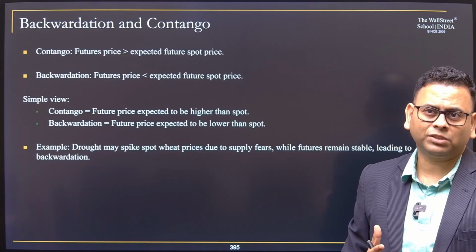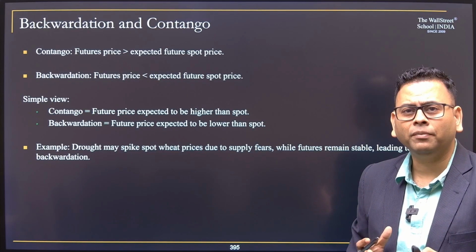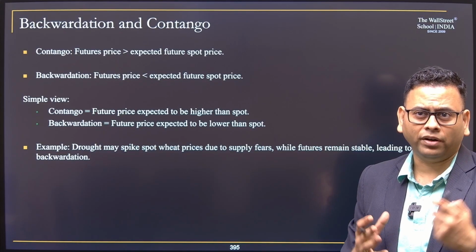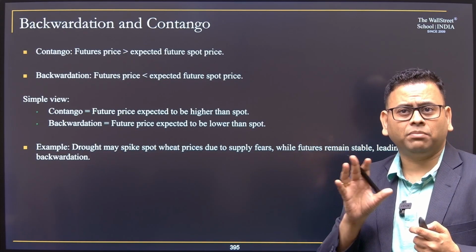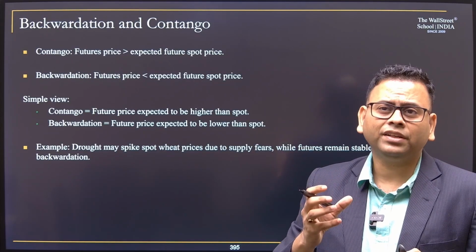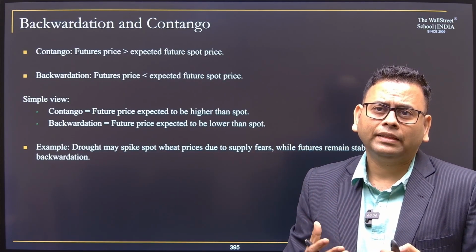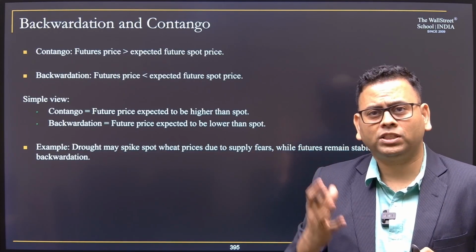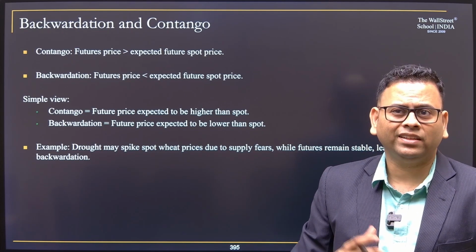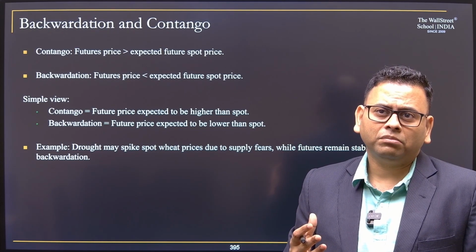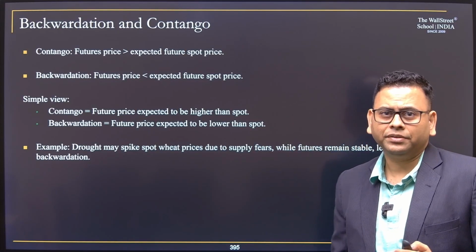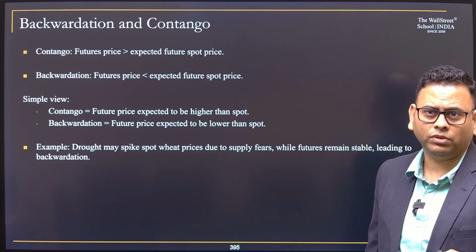Because if the market expects that the futures would remain stable, but the spot price would essentially cater to the demand, and if there is very little supply and very high demand of, let's say, wheat, which is my commodity, then in the current market the spot price will suddenly shoot up. But if I am foreseeing that in the next 2 or 3 months the prices would stabilize, then the futures might not rise to that extent, and that is where the backwardation will come into play.